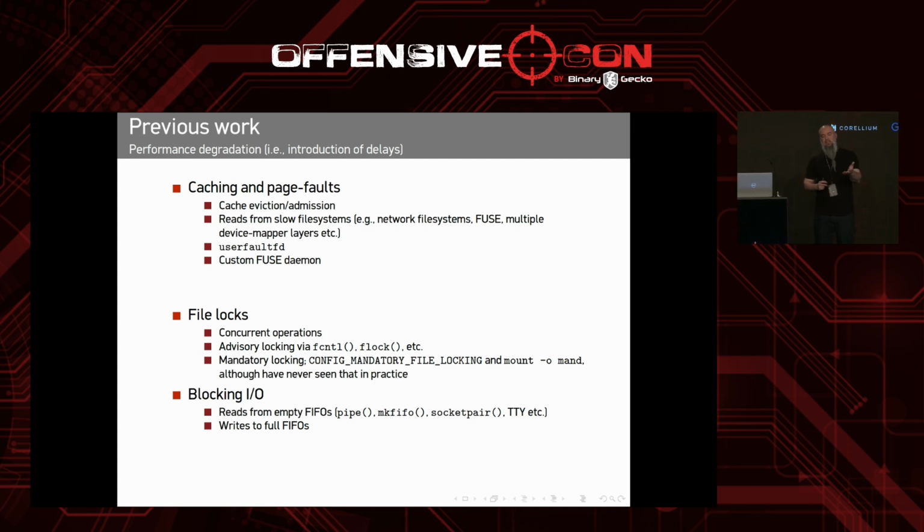Now, one might say that those last two could also have been categorized under blocking I/O, which also contains techniques like reading from empty FIFOs, like pipes, which is a very common exploitation technique for Android kernels, or even writing to full pipes, which is actually the opposite. And last but not least, when dealing with races that act on file objects, usually file locks are used, either explicit or implicit, either mandatory or advisory.